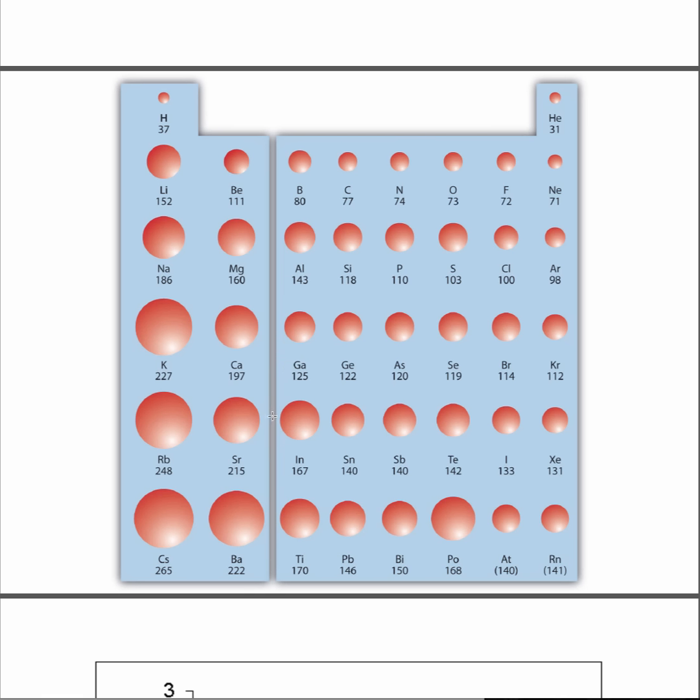In terms of sizes, of course, they get larger as you go down. Helium 31, neon 71, argon 98 picometers. Krypton, xenon, radon, they get larger as you go down. But the confusing thing so far is why should they get smaller as you go left to right?